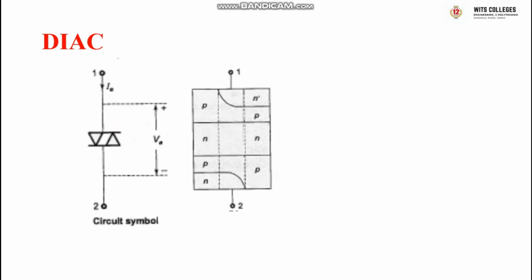And from the construction point of view, the layers are PNPN, PNPN dash. So when 1 is positive with respect to 2, the conducting path is PNPN. Current flow starts from anode to cathode like that. So current is able to flow from terminal 1 to terminal 2 through the path PNPN.